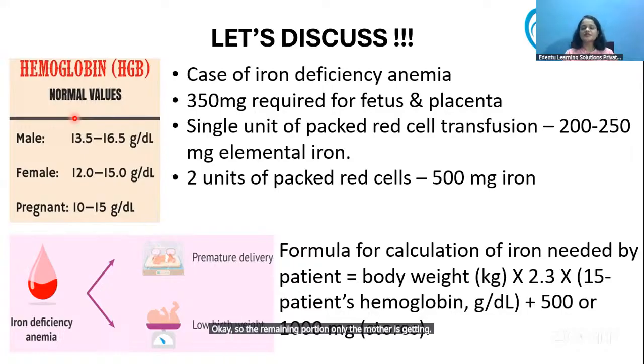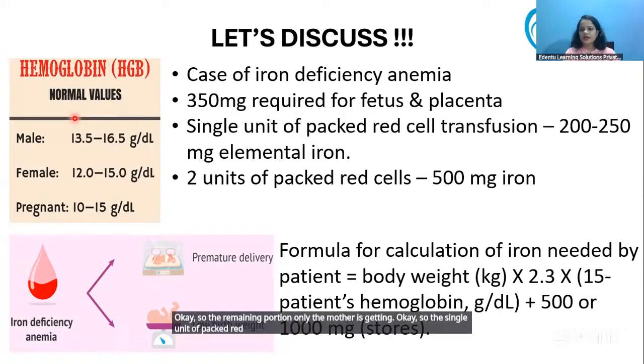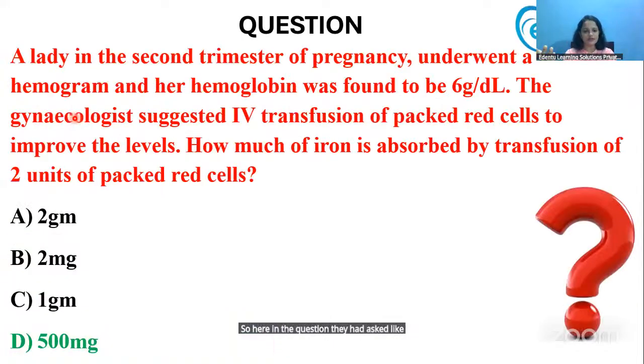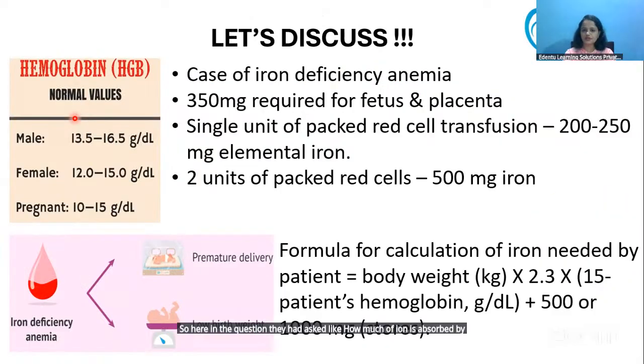A single unit of packed red cell transfusion will give you around 200 to 250 mg of elemental iron. Here in the question, they asked how much iron is absorbed by transfusion of 2 units of packed red cells.